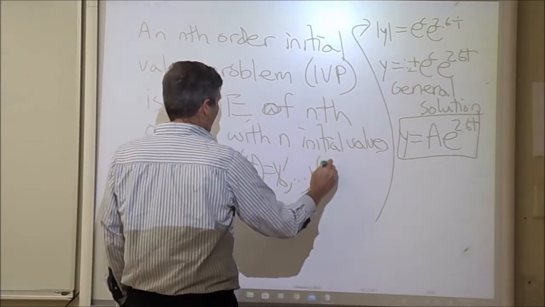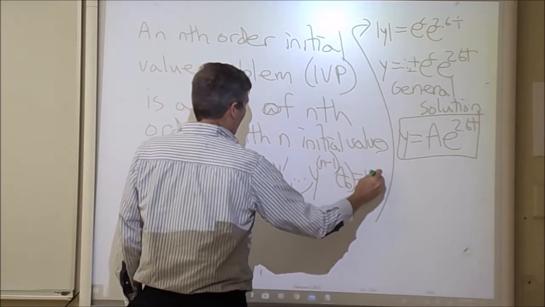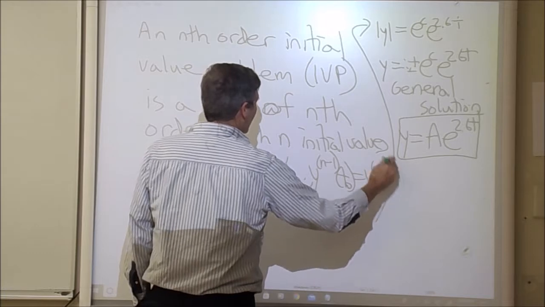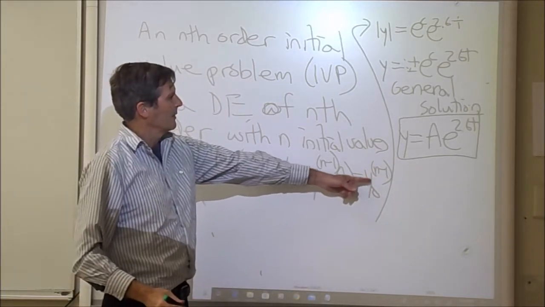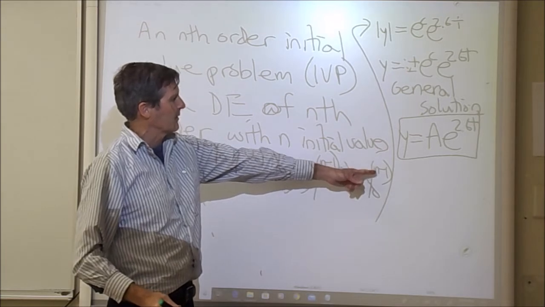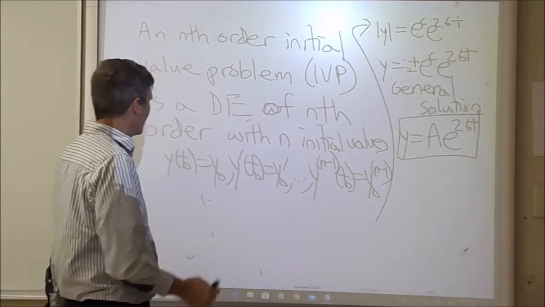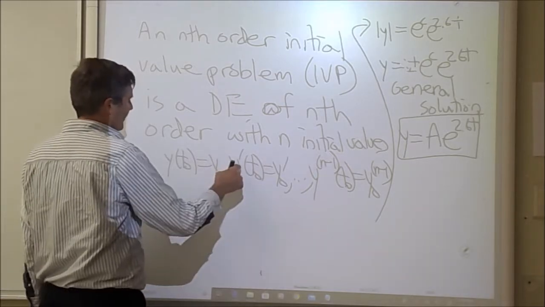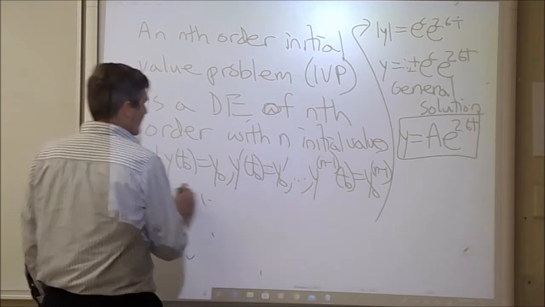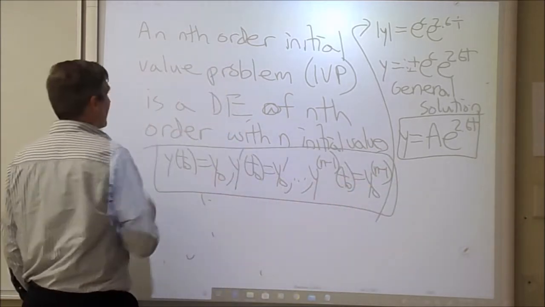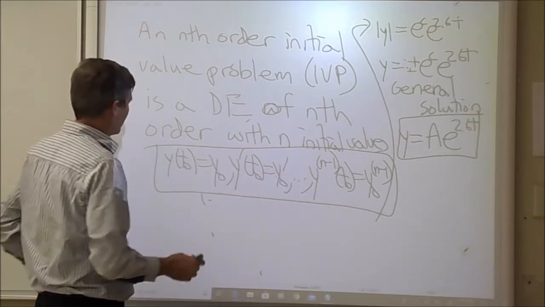We want the n minus first derivative at t0 equal to y0 superscript n minus 1. So this is a number on the right. The n minus 1 doesn't indicate a derivative here. It's just notation for the number that is the n minus first derivative at t0. So on the right are all numbers, and on the left are y and its derivatives evaluated at t0. So that's an initial value problem of nth order: an nth order differential equation with initial values for y and its first n minus 1 derivatives.